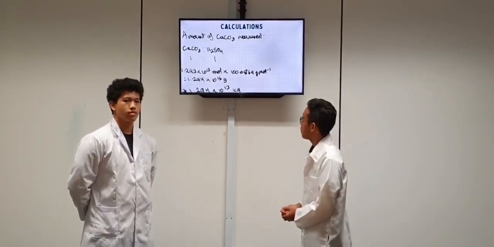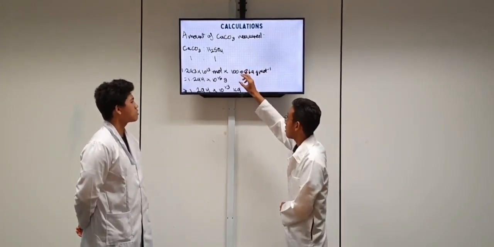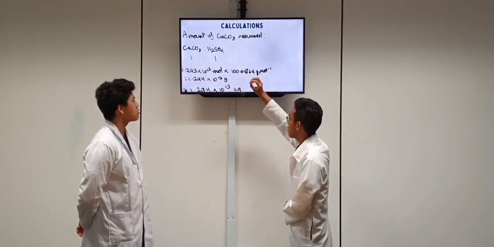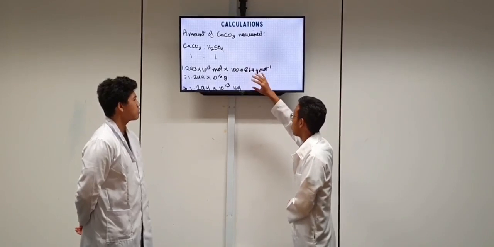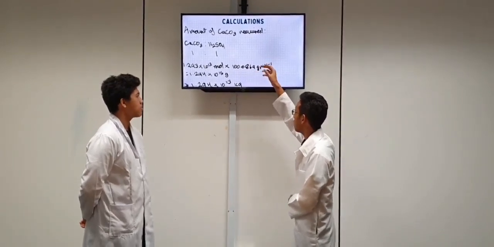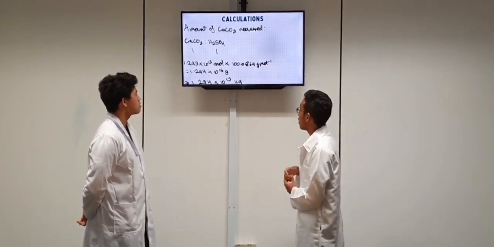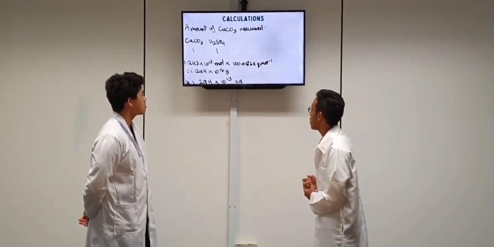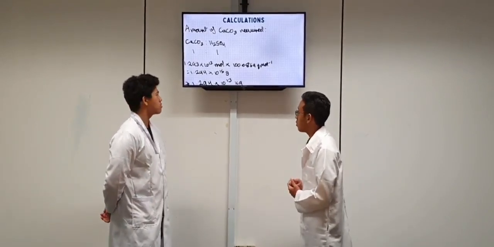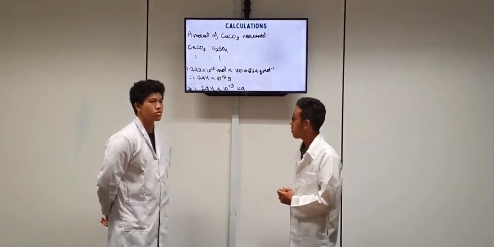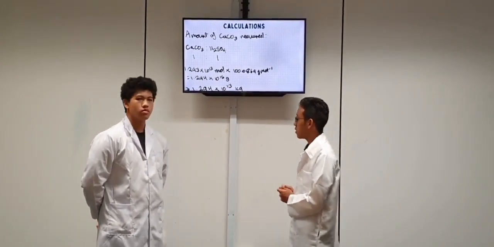Okay, right now we have moles of CaCO3, which is 1.293 times 10 to the power of 13 mole, and we need to multiply it with the molar mass of calcium carbonate, which is 100.0869 g per mole, and we will get 1.2944 times 10 to the power of 15 grams, which equals 1.294 times 10 to the power of 13 kilograms.